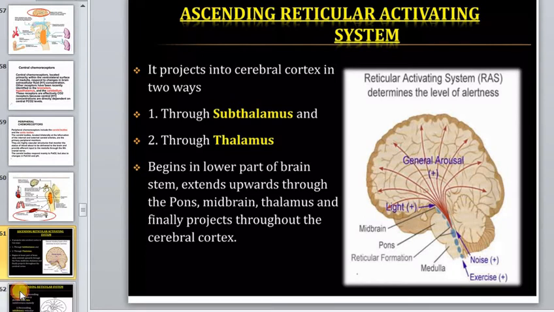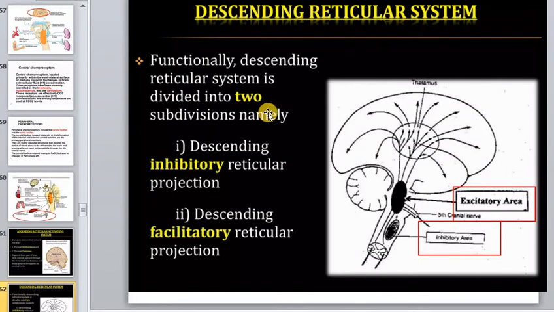And then we have the descending reticular formation, like here we see, that brings messages to and from the motor neurons of the spinal cord and the reticulospinal tracts. These tracts are the major descending pathway from the reticular formation and act on many levels of the spinal cord to coordinate movements and autonomic function for the autonomic nervous system.